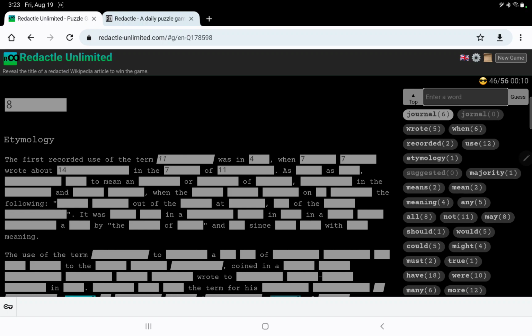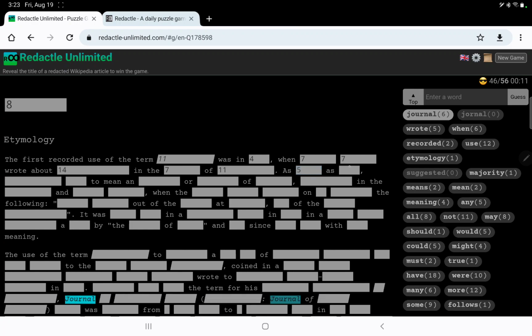No, but it's still not right, but there are 6 journals in the something of 11. As 5 as 4, 11, 4 to mean an 8 or 8 of 7, 10 in the 9 and 6, 7, when the 6, 6, 7 on to 8, the following. 6, 7 out of the 6 at 7.